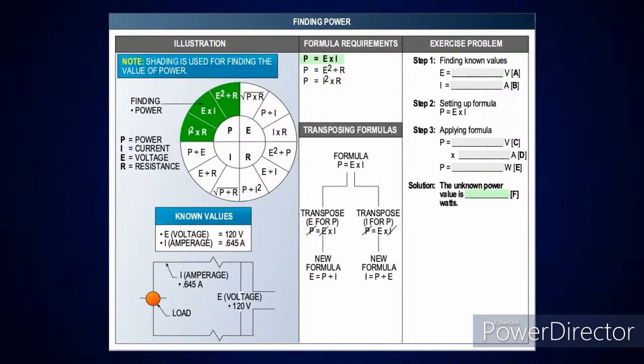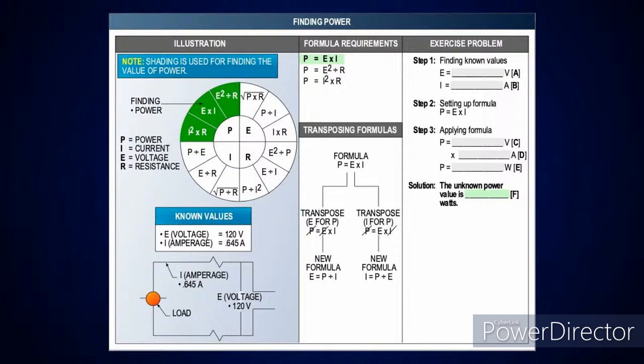The resistance, when I'm looking at power, is going to be single by itself, but everything else, the amperage and the voltage, you're going to square. So if I have the voltage I'm squaring, I'm going to divide it. But if I have the amperage, I'm going to multiply it.